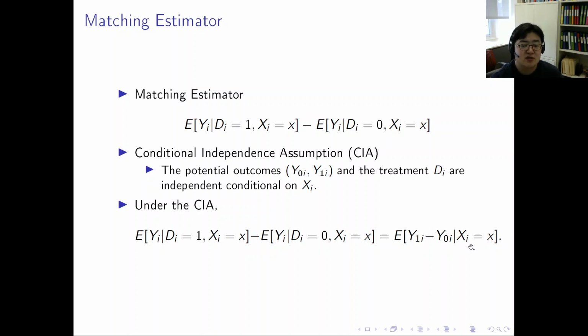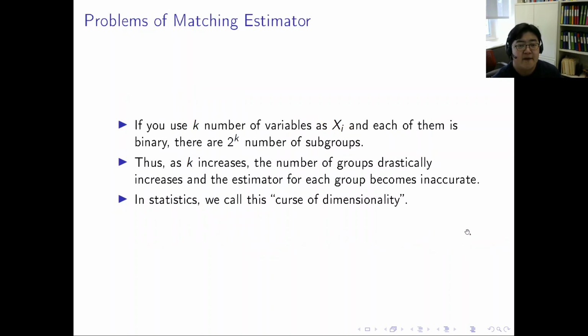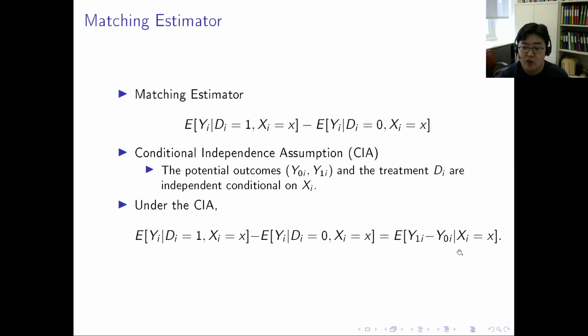Okay, so this is a brief review of what we have done earlier in this course. And it is nice because we wanted to know this. This is what we want. The average treatment effect is what we want in the end, in many cases.